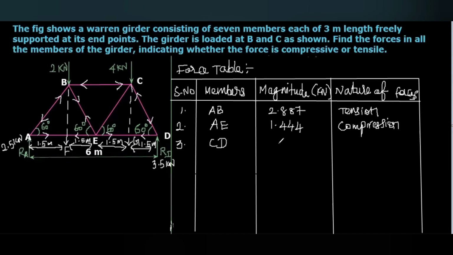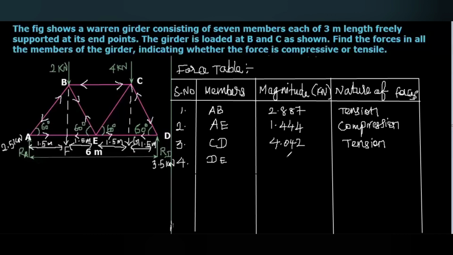Okay. Then the third one, CD. We got the numerical value 4.042. And here you can see this is CD that also tend to pull the body. So that will be tensile in nature. That means that is also tension. Then the fourth one, that is DE.